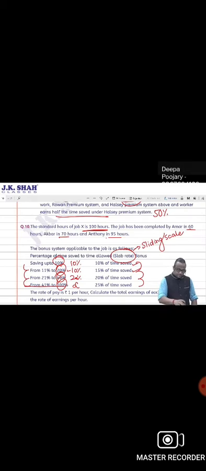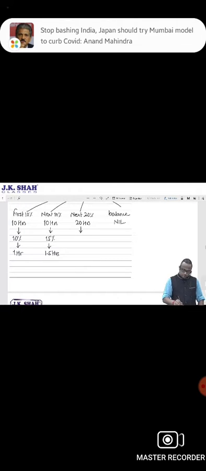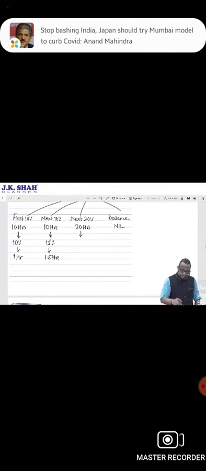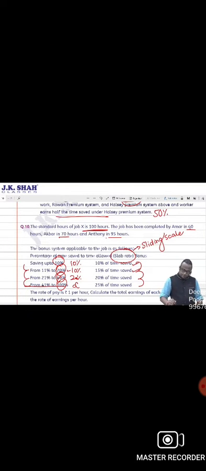But if I'm forming part of the second slab, bonus will be paid at the rate of 15%. If I'm forming part of the third slab, bonus will be paid at 20%. So can I say my total bonus will be paid for 6.5 hours?